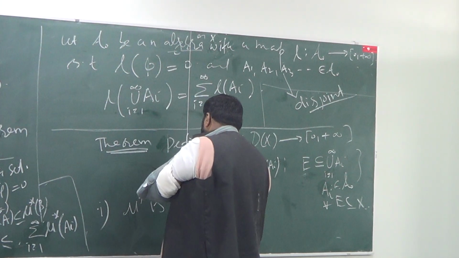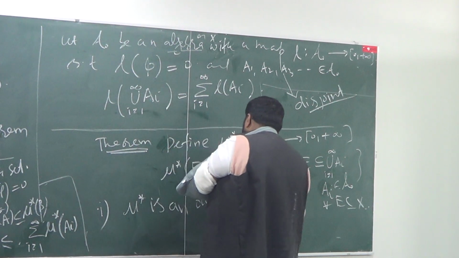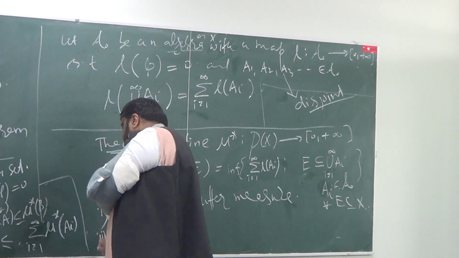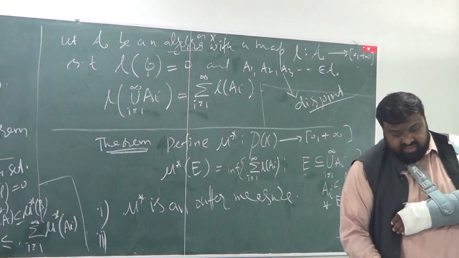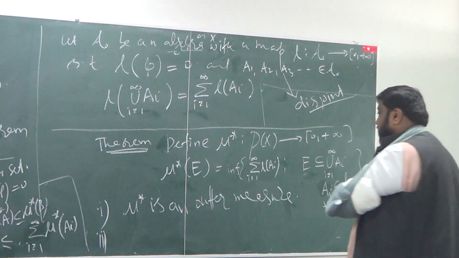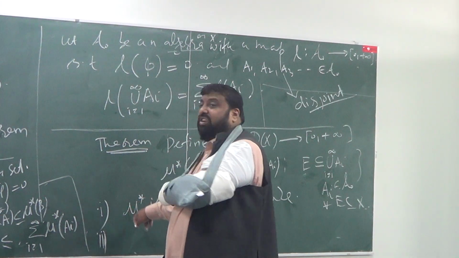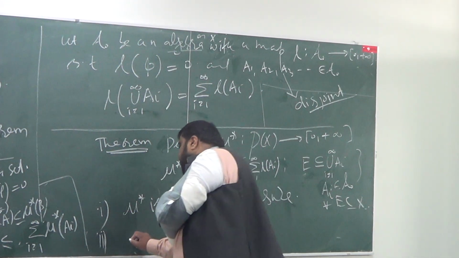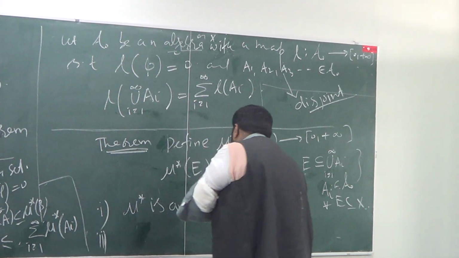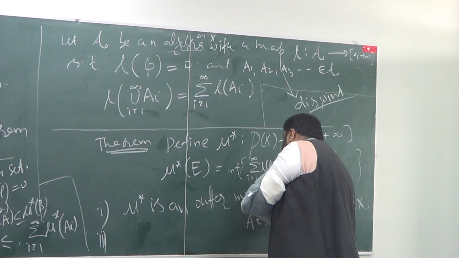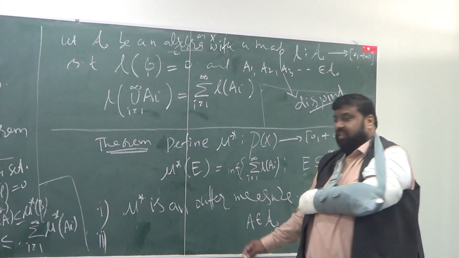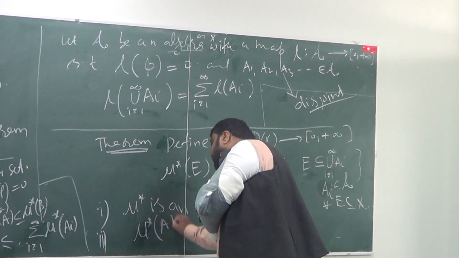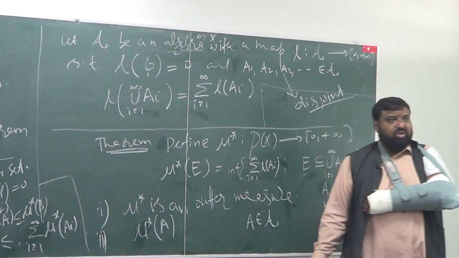Mu star is an outer measure. The second is that this is a kind of measure which agrees with our intuition. In other words, if you take an A from A naught and measure this A through mu star, what do you think you should get?